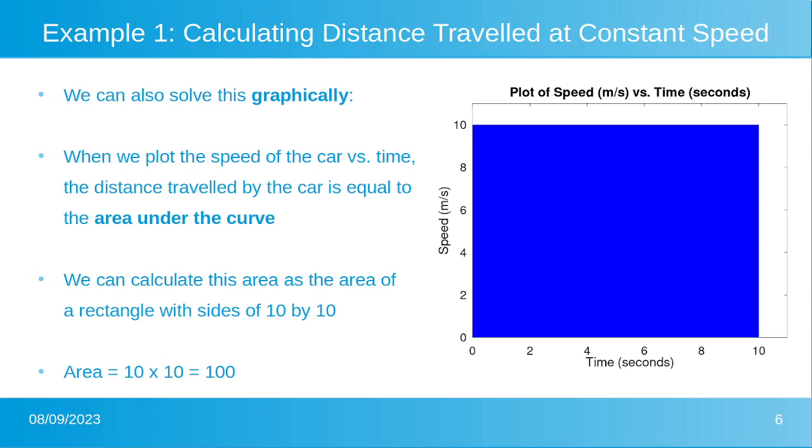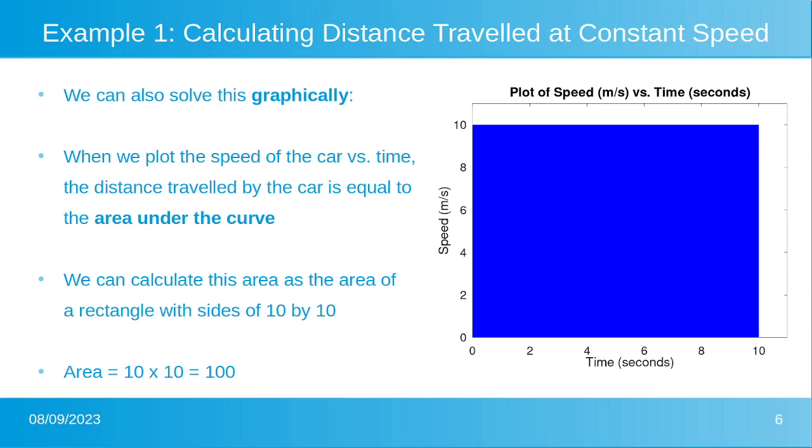So when calculating the area and multiplying the height by the width, what we're actually doing is multiplying the speed of 10 meters per second by the time of 10 seconds. So the area underneath the curve corresponds to the distance traveled by our car.